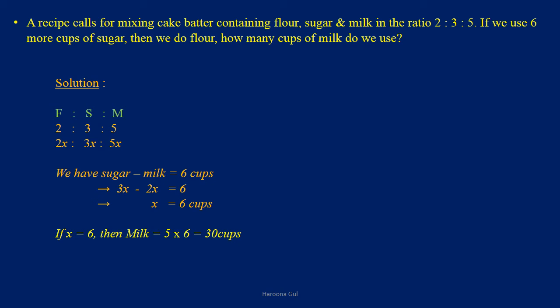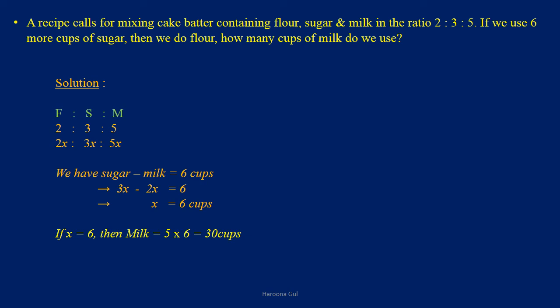Now, the ratio of flour to sugar to milk is 2 to 3 to 5, which can be rewritten as 2x to 3x to 5x. If you see the question, it says that we use 6 more cups of sugar than we do flour. So what we can do is subtract flour from sugar in order to equate it with 6 cups.